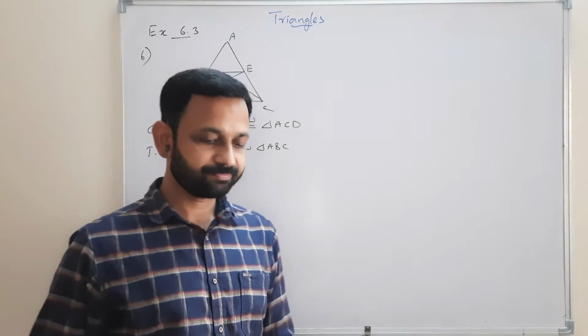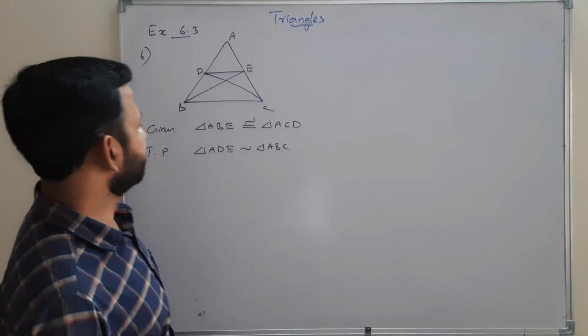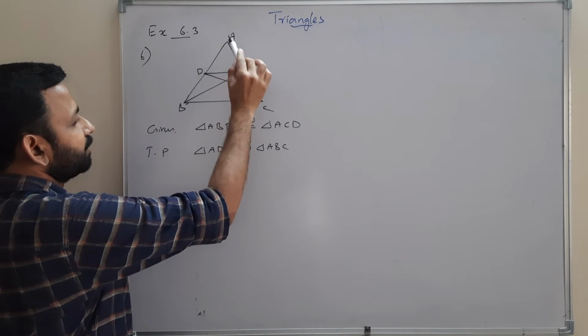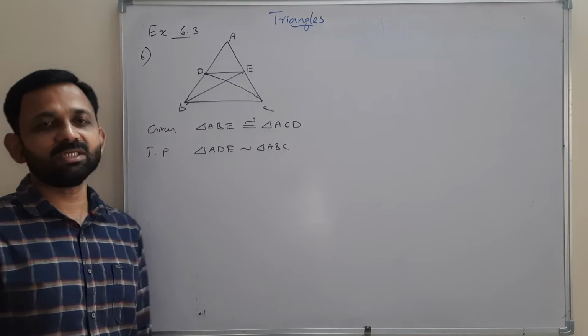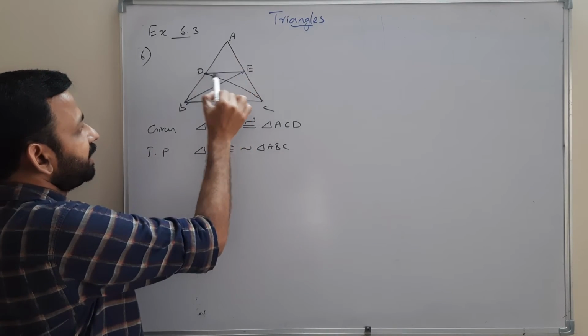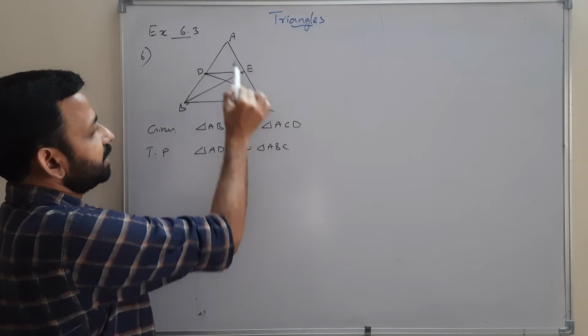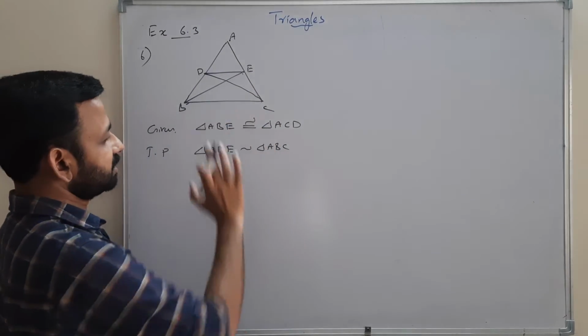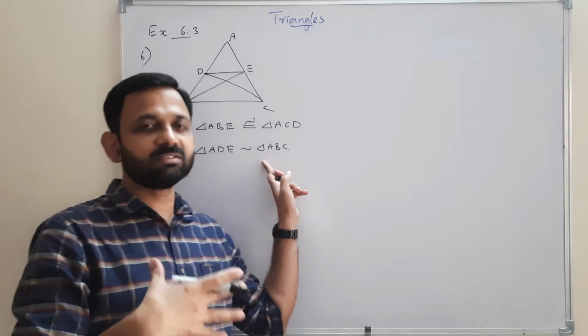So here we have two triangles that are congruent. Triangle ABE congruent to triangle ACD, that is given. Then we need to prove triangle ADE similar to triangle ABC, that is our question. So by using this given result, we are going to prove that the two triangles are similar.